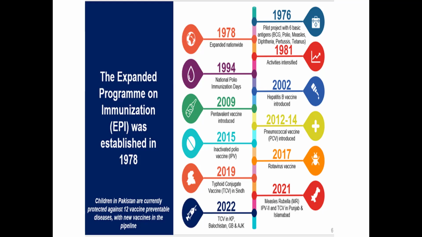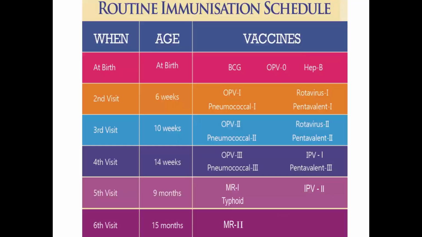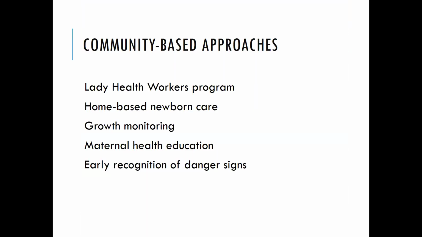Typhoid conjugate vaccine was introduced in 2019 in Sindh, and measles, rubella, and TCV in other provinces in 2021. In 2022, TCV was introduced in the remaining regions. So this is how immunizations are given at different age groups, covering different preventable diseases.